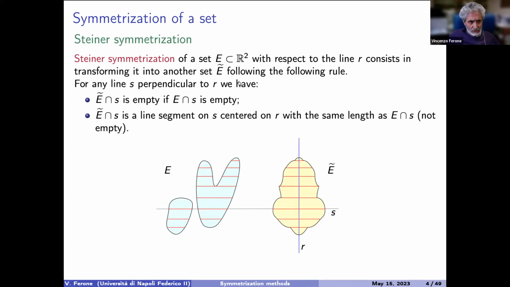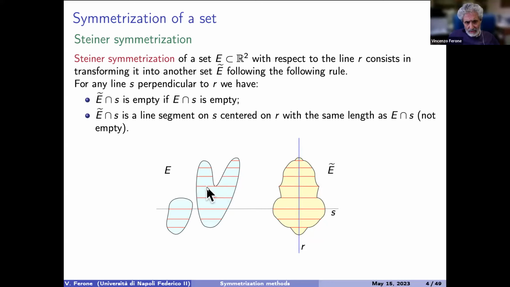following two rules. E tilde intersected with S is empty if E intersected with S is empty, where S is any line perpendicular to R, and otherwise E tilde intersected with S is a line segment on the straight line S, centered on R, with the same length as E intersected with S. So this means that we fix R and we symmetrize any intersection of the set in the sense of Schwarz.